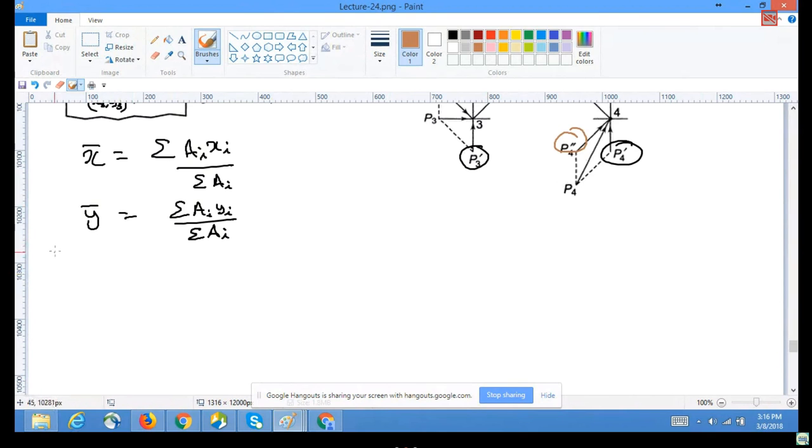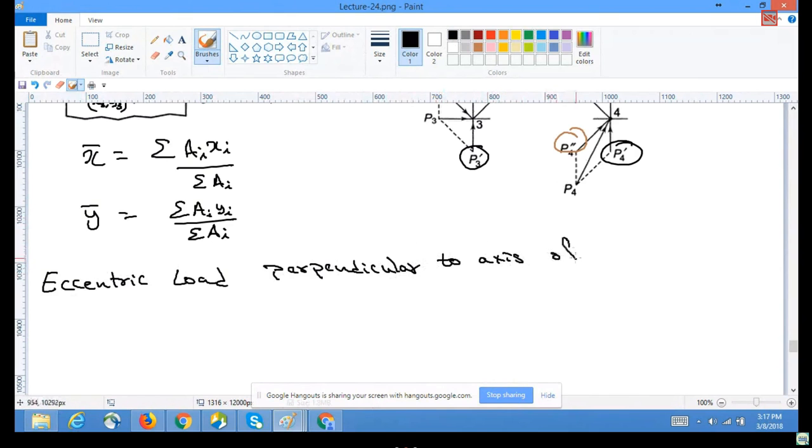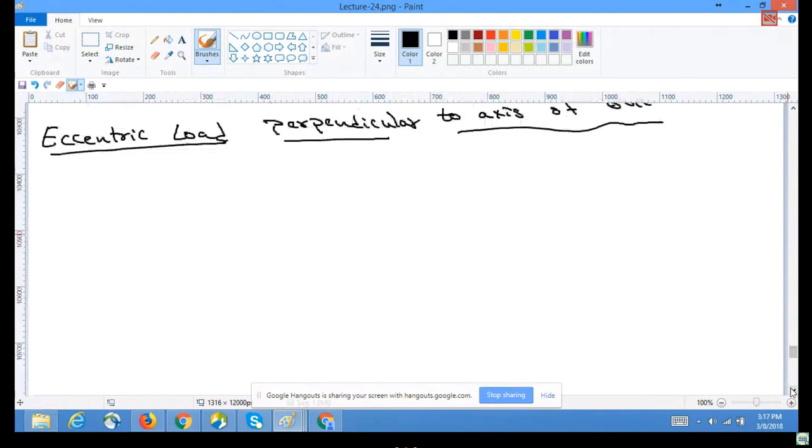So next topic is, let us have a look at how this works when the load is perpendicular to the axis of the bolt.